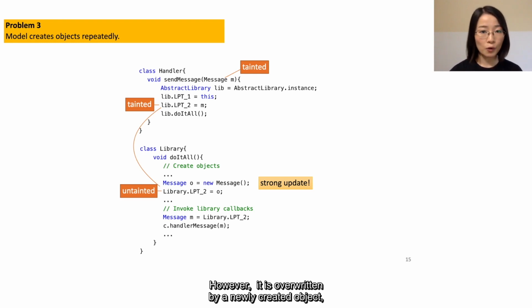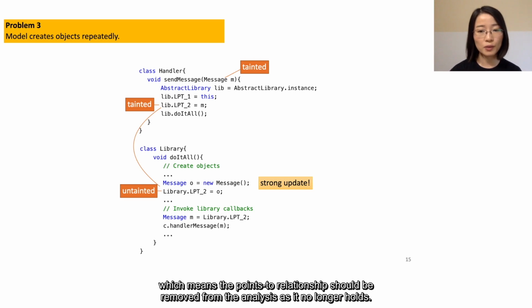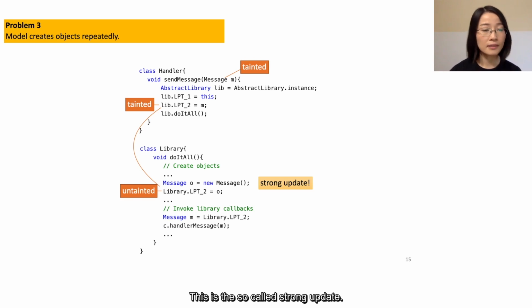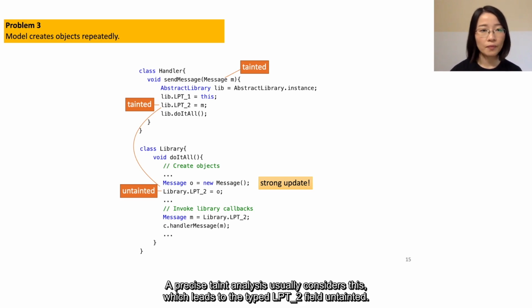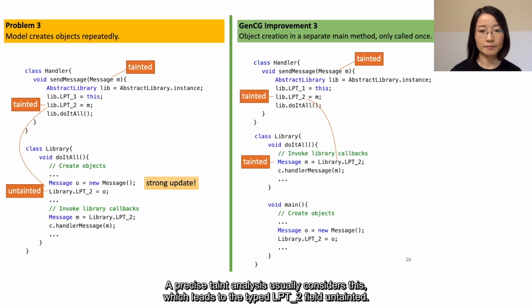However, it is overwritten by a newly created object, which means the point-to relationship should be removed from the analysis as it no longer holds. This is the so-called strong update. A precise taint analysis usually considers this, which leads to the typed library point to field being untainted.